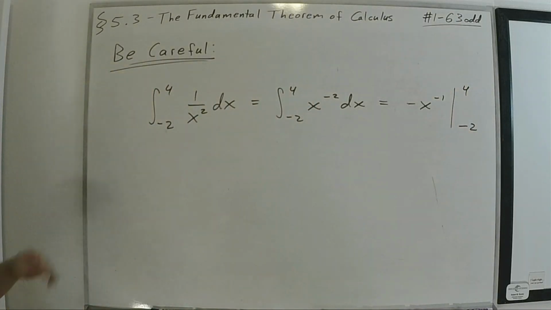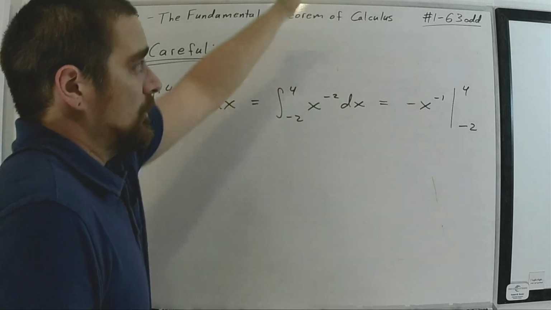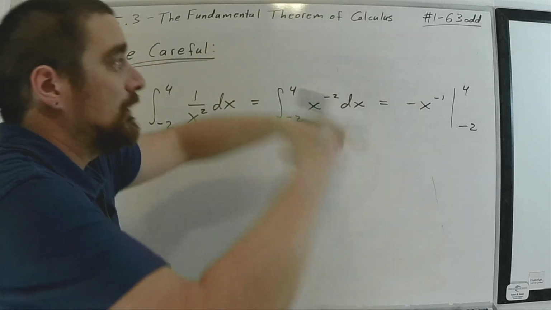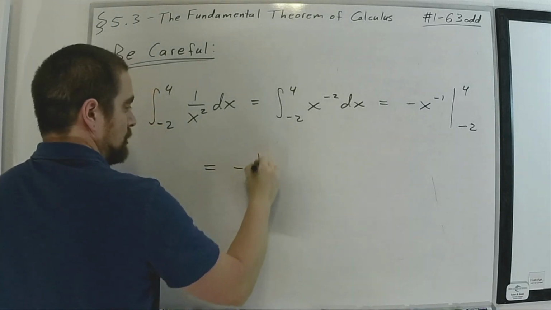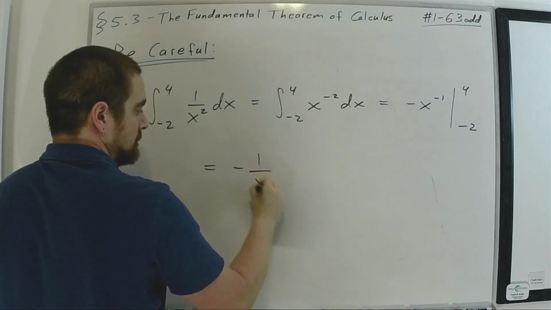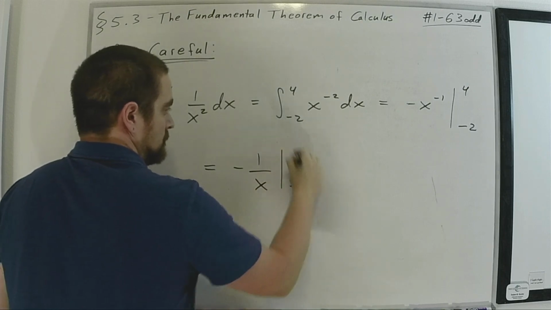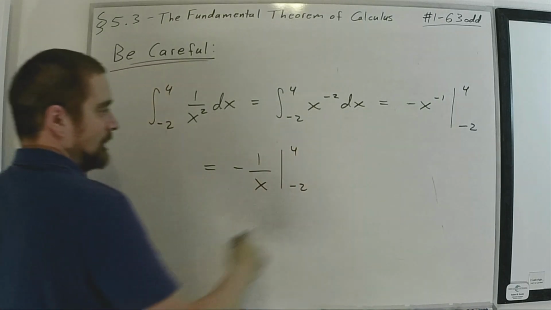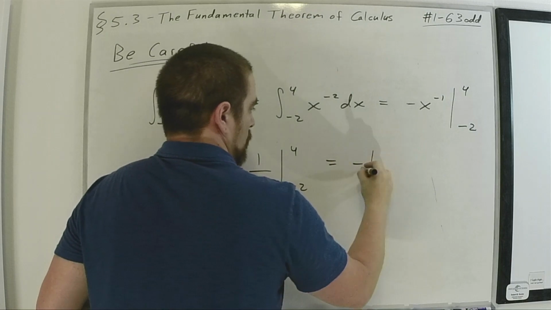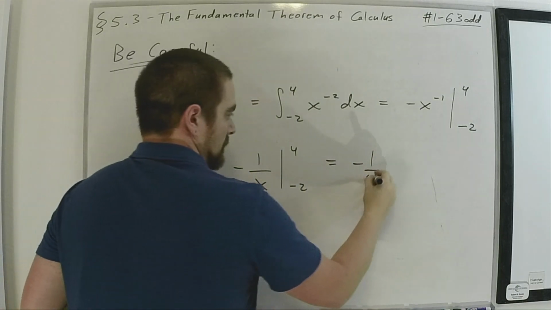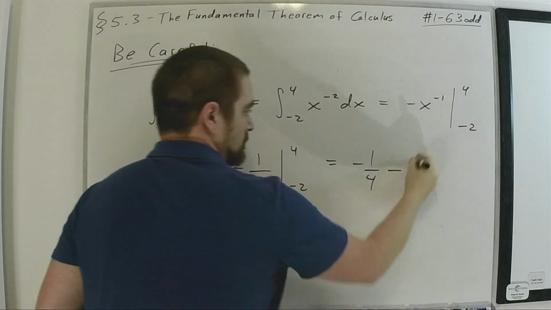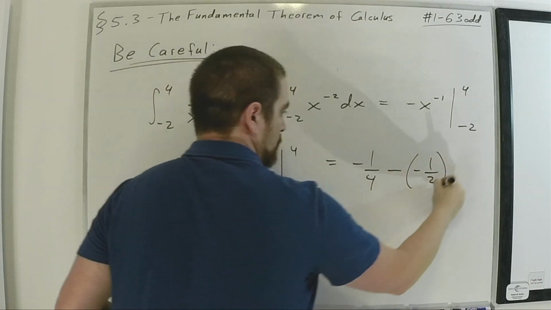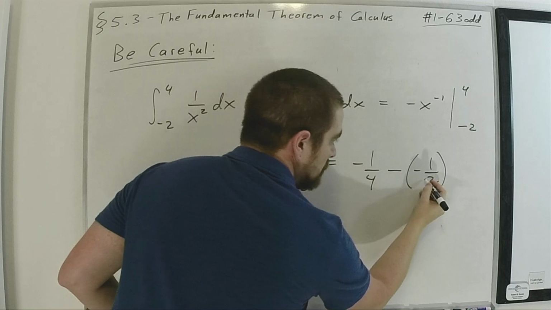So I just evaluate that from the lower limit to the upper limit by plugging in the upper limit first. I'm going to rewrite this as negative 1 over x to the first from negative 2 to 4, which is negative 1 over, I plug the upper limit in, then I subtract the lower limit plugged in, which means I'm subtracting negative 1 over negative 2.